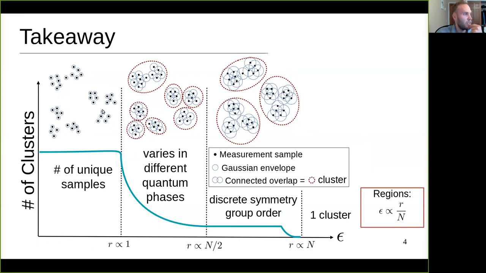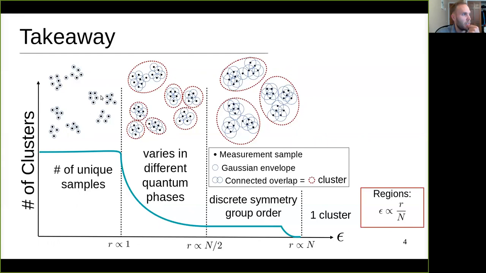That just determines which samples are unique, so you don't have any larger clusters. Then when you increase epsilon to an intermediate region, somewhere between none of the spins being different and half of the spins being different, you start to get more interesting clustering.